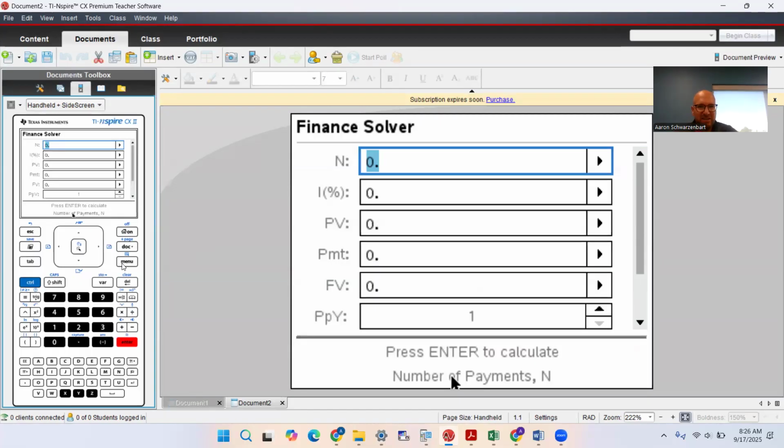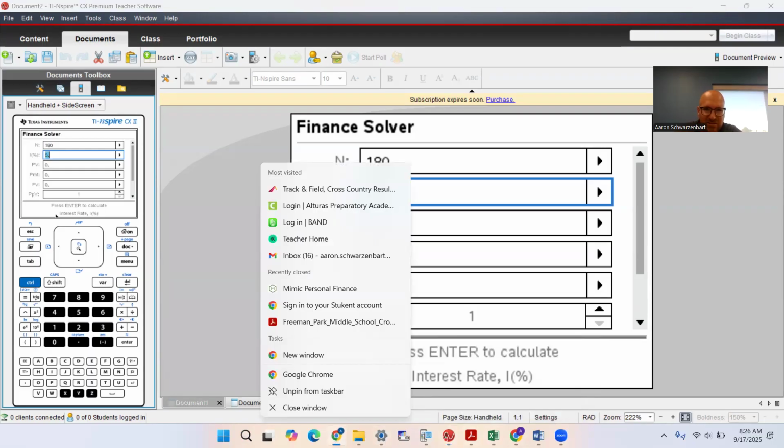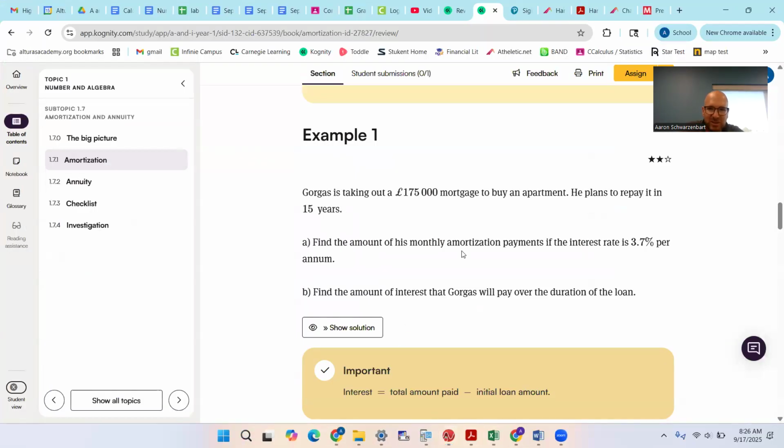N is 15 years, that's 15 times 12, and you can type in 15 times 12. My interest rate, I think it was 3.7.